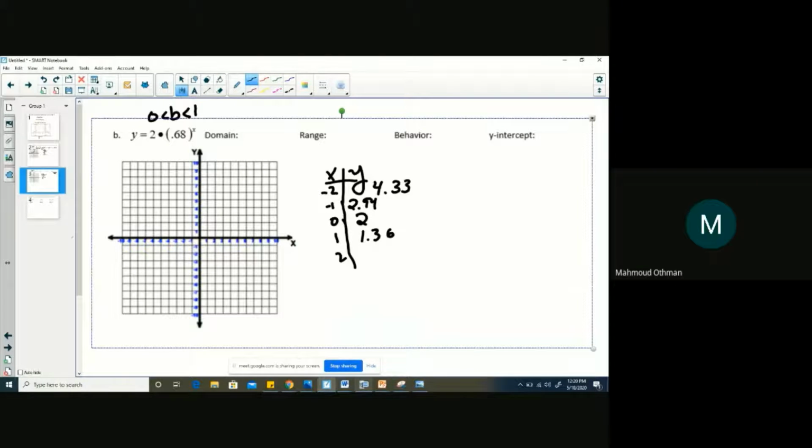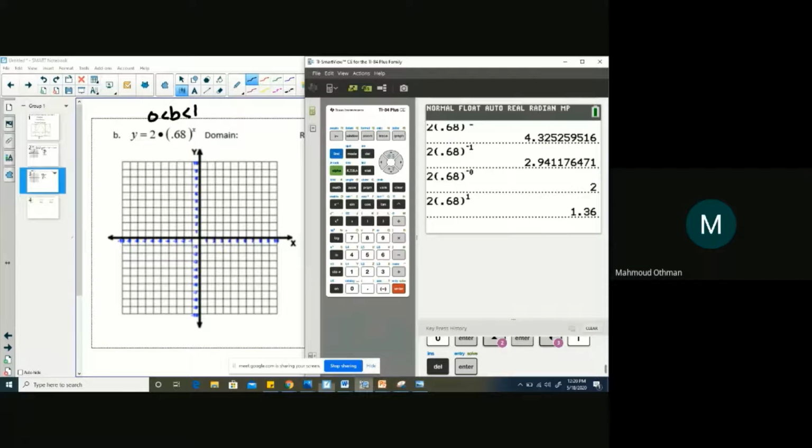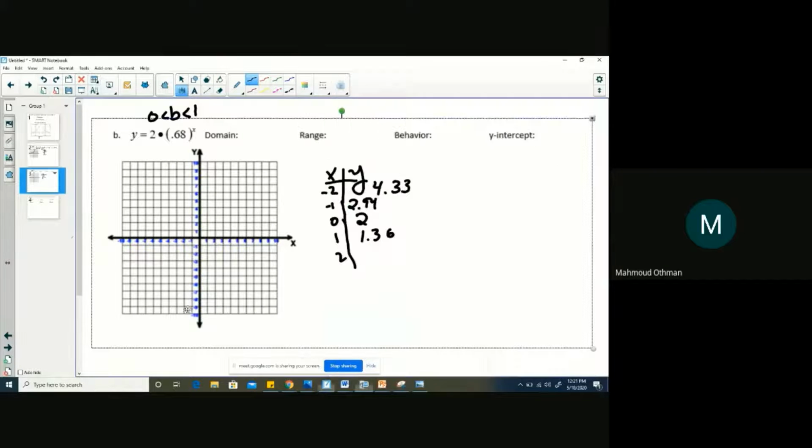And then last but not least, 2, 0.9248 or 0.92.